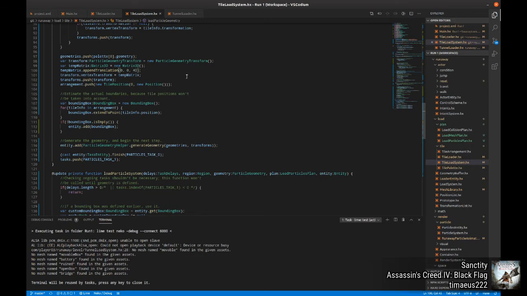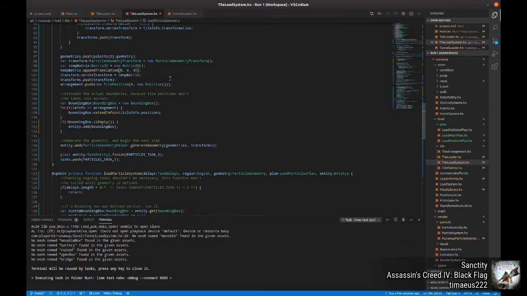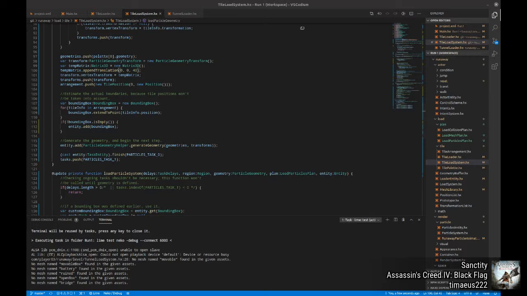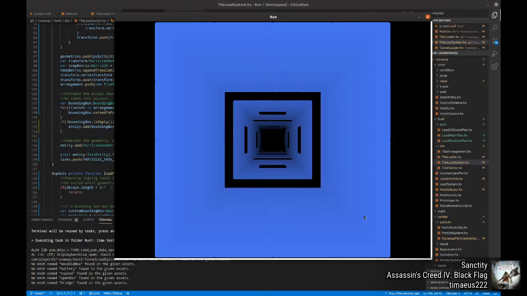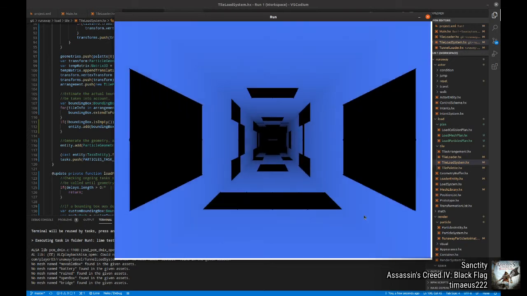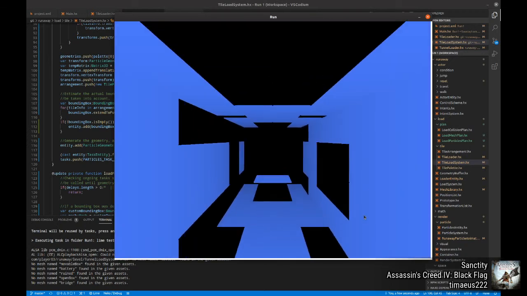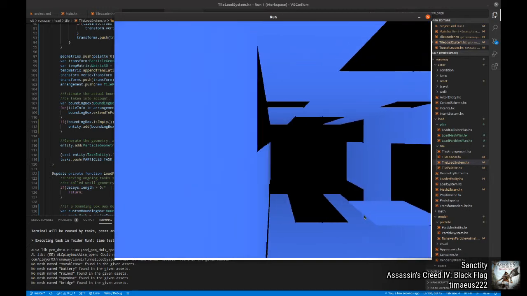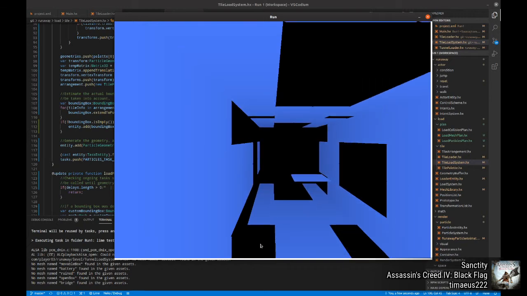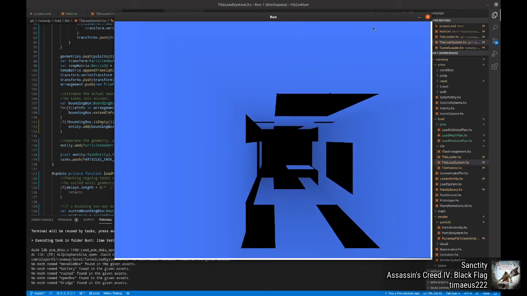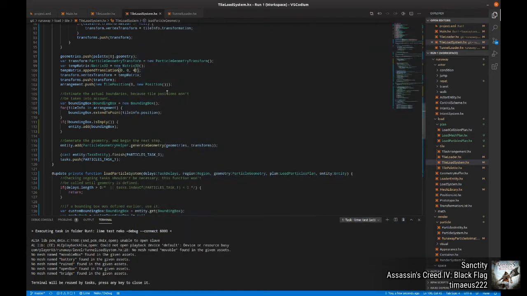Let's move it 40. Is this tunnel about 40 tiles long? Okay, that's pretty close. I don't know, add 1, 2, 3, 4, 5, 6 or 7 more tiles. It'll be far enough.